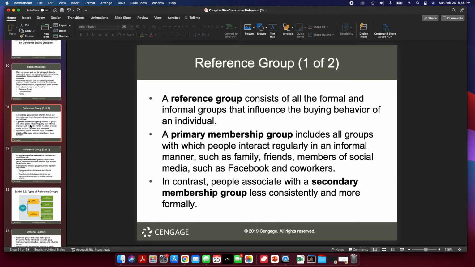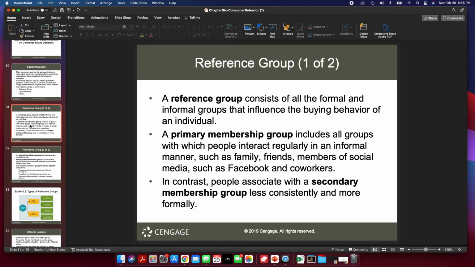A reference group consists of all the formal and informal groups that influence the buying behavior of an individual, right? This could be your family, this could be your church, this could be your social groups. A primary membership group includes all the groups in which people interact with regularly. And a secondary membership group are those people that you less consistently interact with and more formally interact with.